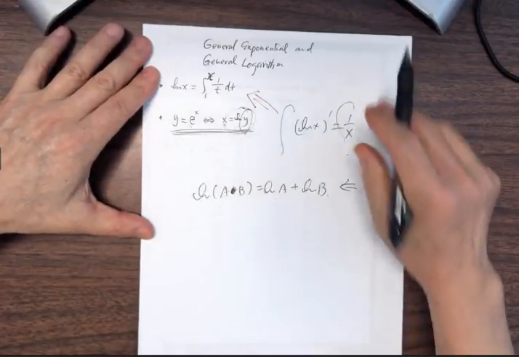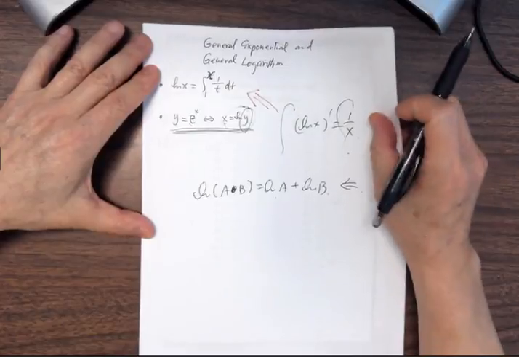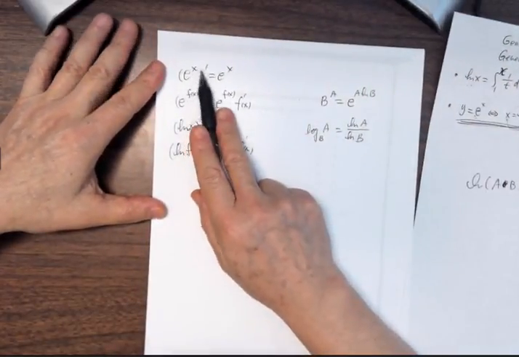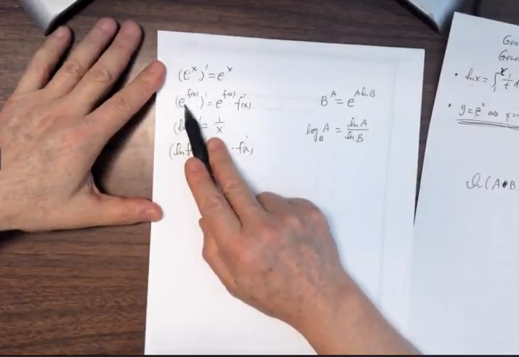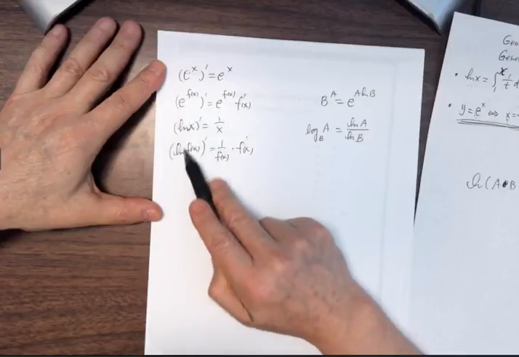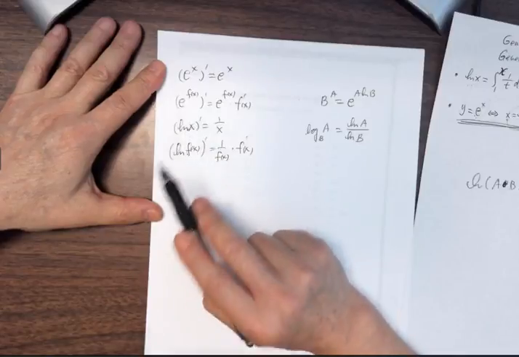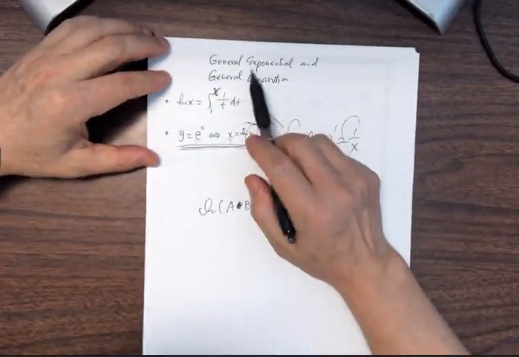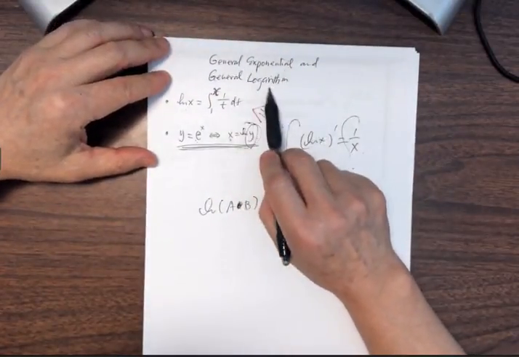That's not what we're talking about in this section. We already learned how to differentiate exponential to base e, or more general exponential expressions to base e, and the logs to base e. What we want to focus on is what's called a general exponential and general logarithmic.